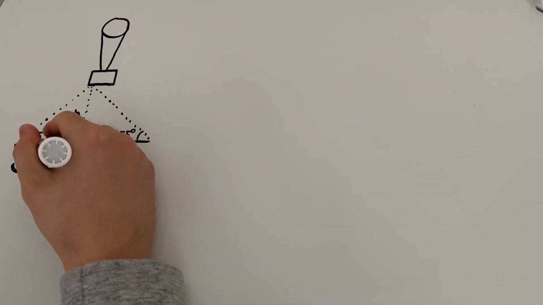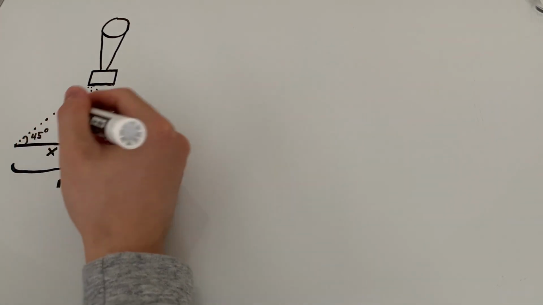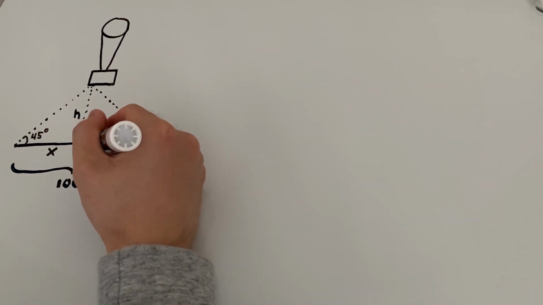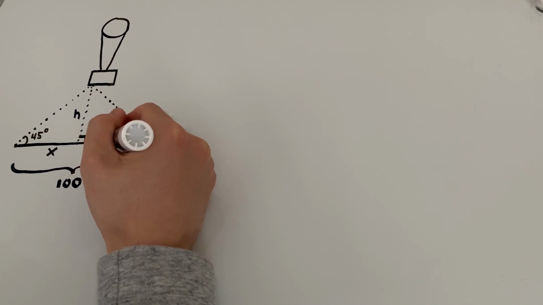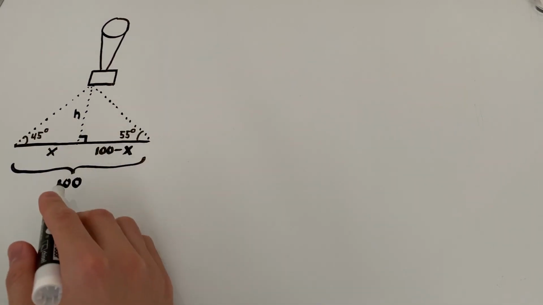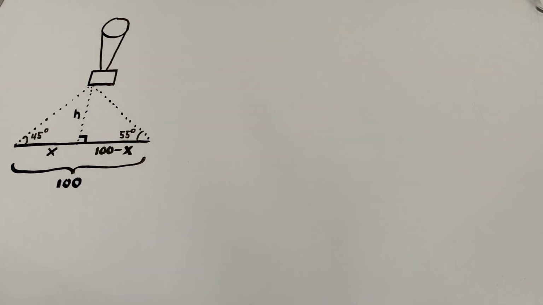So I'm just going to go ahead and do that. Then this remaining length is going to be 100 minus x, because this entire distance is given to be 100. Okay, now we have something to work with.